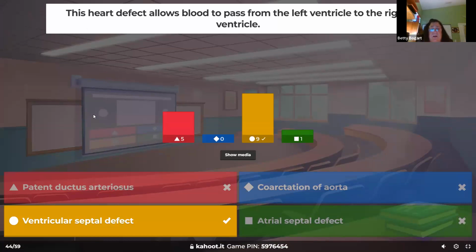That's a ventricular septal defect. The septum in between the two ventricles, or the ventricular septum, has a hole in it. It's called a VSD, or ventricular septal defect. So if you have a heart defect that allows blood to go from the left atrium to the right atrium, it is what? An ASD, or an atrial septal defect.